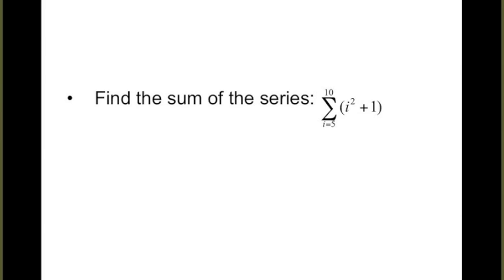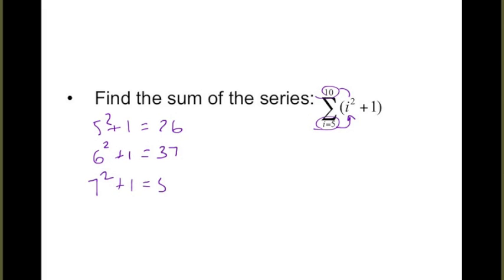What do I start plugging in this rule? 5. Where am I going to stop? 10. Okay. So we're going to plug in 5. 5 squared plus 1 is 26. Plug in 6. 6 squared plus 1 is 37. And 7 gives 50. Plug in 8 gives 65.